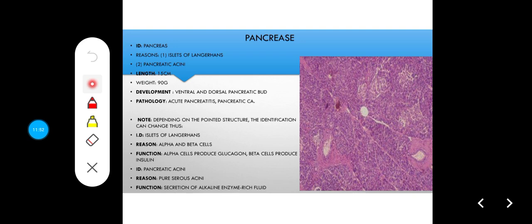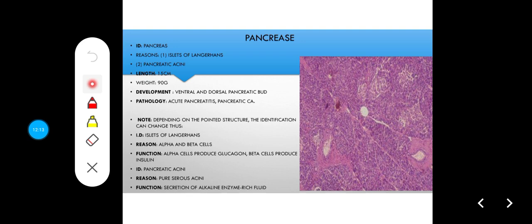So what this basically means is that in the histology steeplechase exams in UNTH College of Medicine, the identification that you are meant to give will depend on the part of the slide that was pointed to.